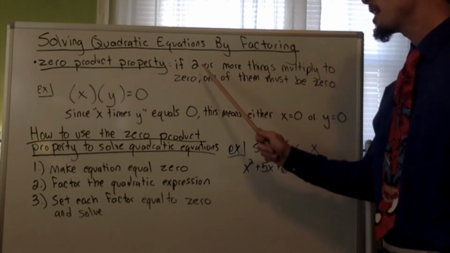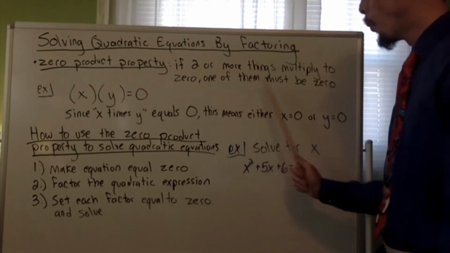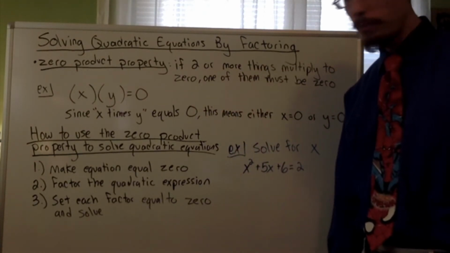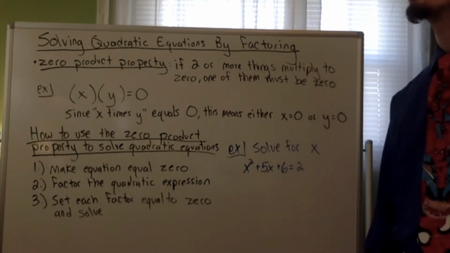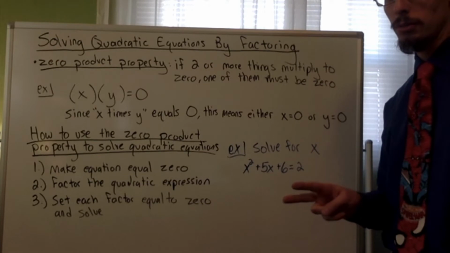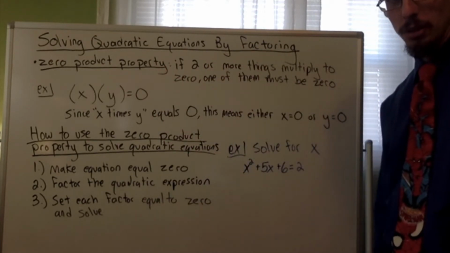It simply says, if two or more things multiply to zero, one of them must be zero. Think about it. The only way you could multiply two numbers and the result is a zero, one of those numbers had to be zero, right?